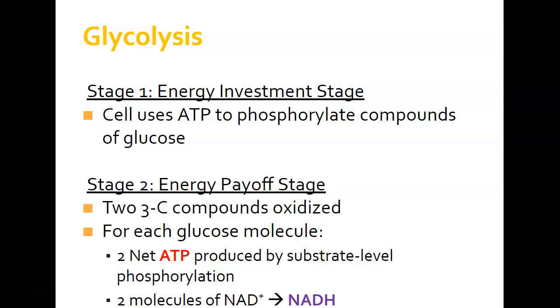So it's going to end up using 2 ATP and making 4. So overall, you have a net gain of 2. So there's an energy investment part and then the payoff part where the 2 3-carbon compounds are oxidized, and then overall for each glucose molecule you get those 2 ATP and 2 NADHs.